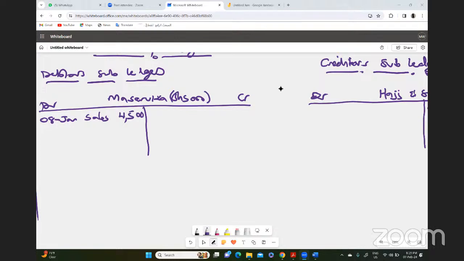Okay, when he returns, we shall debit returns inwards and credit Maseruka, or trade receivables. Meaning, come up with the returns inwards account, debit it. Then go to your trade receivables and credit trade receivables, not so? But as you're crediting trade receivables in the general ledger, also credit Maseruka in the subsidiary ledger. Are we together? What you do this side, you have to also do the other side. Because in the end, you're going to compare these two things. They must be communicating. They must read the same.